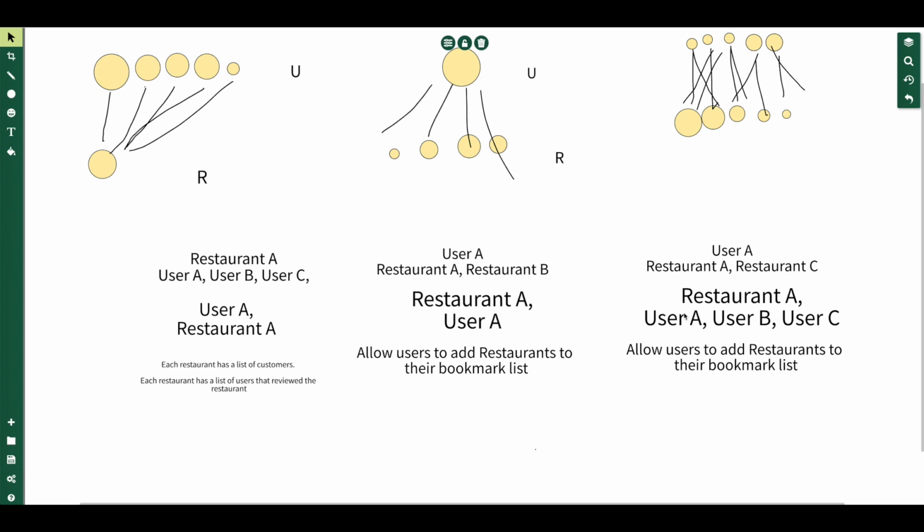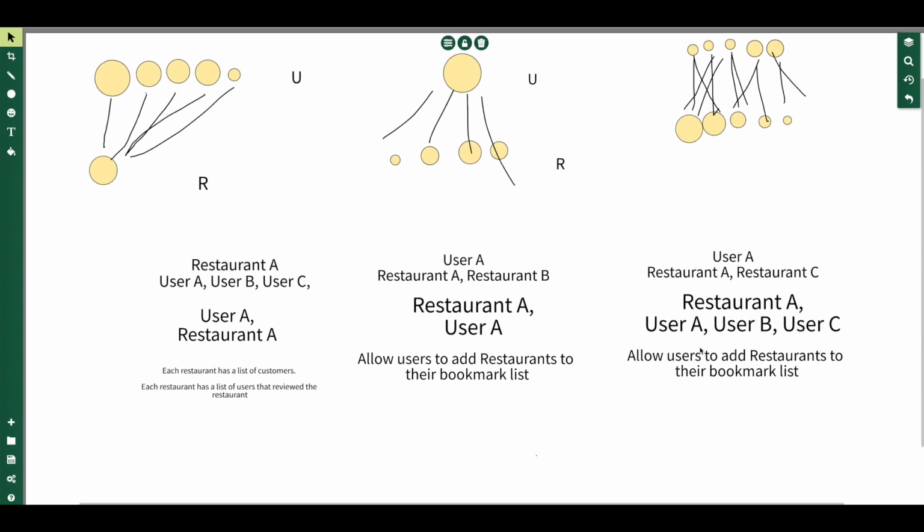In this relationship, user A still has a list of restaurants that he added to his bookmarks. However, restaurant A will also have a list of users that bookmarked this restaurant. So the difference between these two is that restaurant A is clearly assigned user A as a single value without any list, and in this case, restaurant A will have a list of users which bookmarked this restaurant. So both things will work.